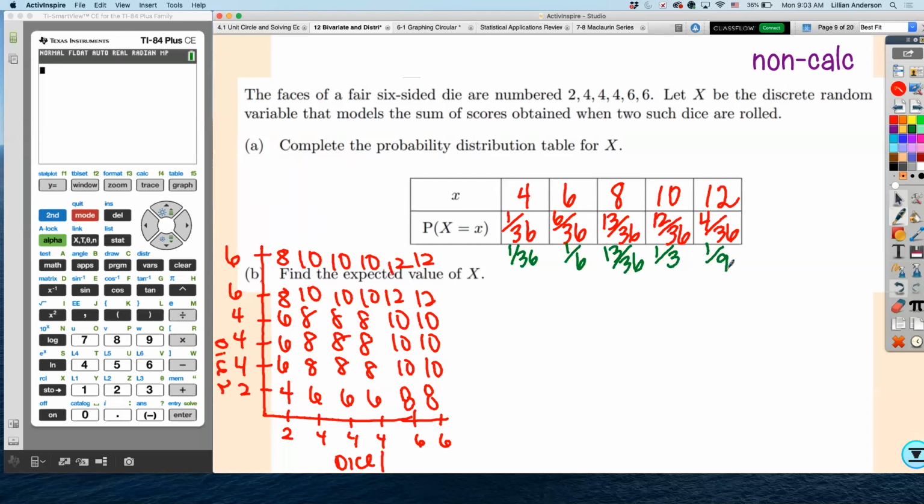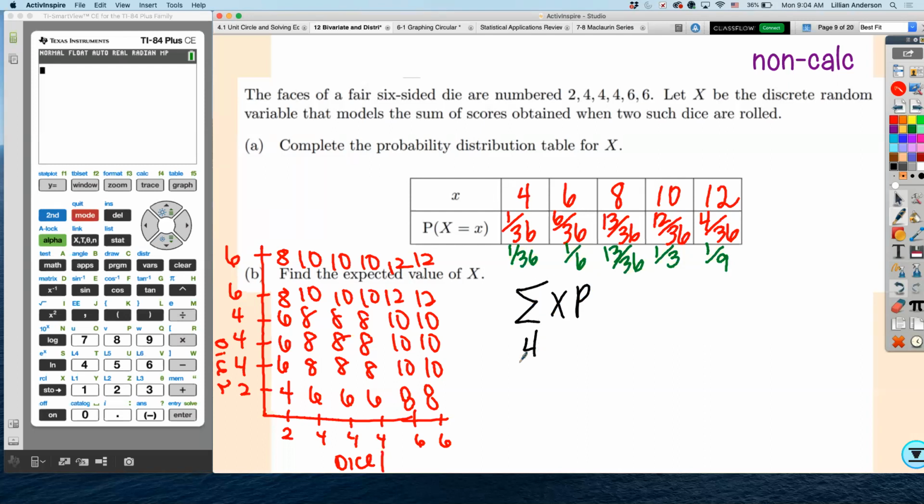So I can either put it in red or I can put it in green. Probably for the test, I would have used the green option, but I would have left the red option as well. Because since I have to find expected value and this is not calculator, I have to multiply each of my x values by my probability and add them up. So I need a common denominator anyway, right? So I'm going to multiply all of my x values by my respective probabilities, and then I'm going to sum them up.